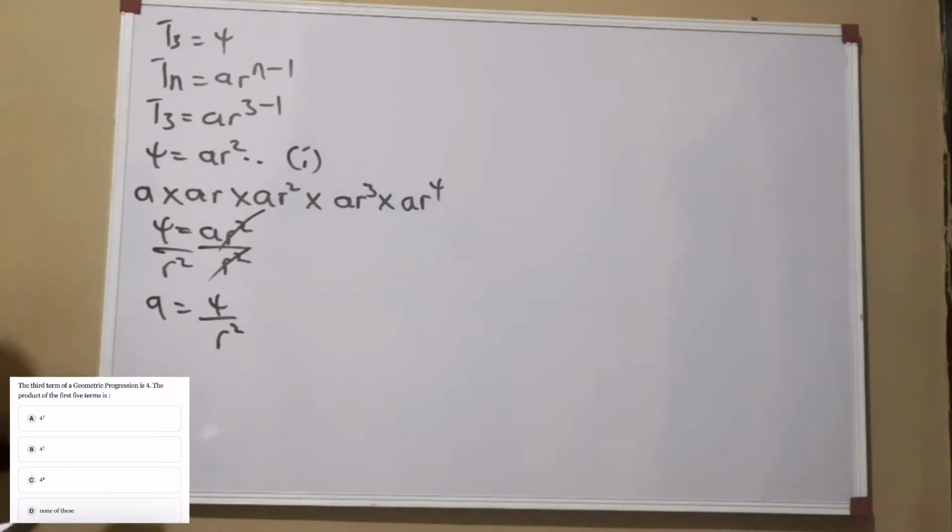So now what we are going to do is substitute 4 over R squared for the first term in all of the terms.